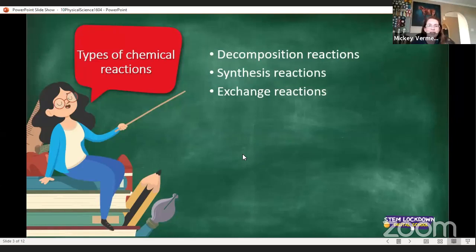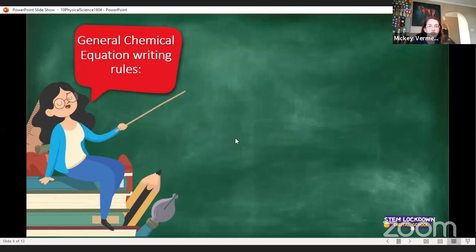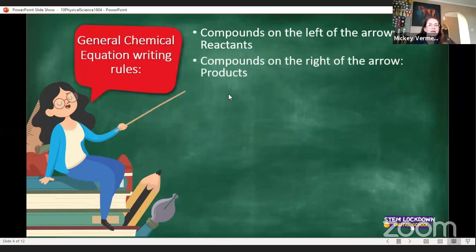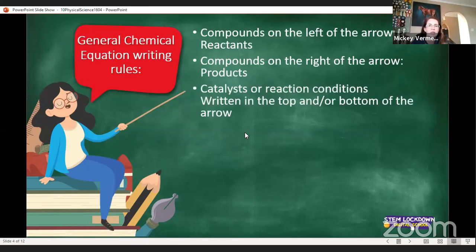Okay. Here we go. So let's look at how we know what to name what. Compounds on the left of the arrow, we call reactants. Compounds on the right, we call products. So the things that react are called reactants, and the things that form are called our products.